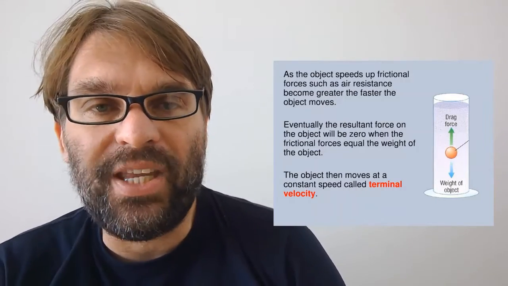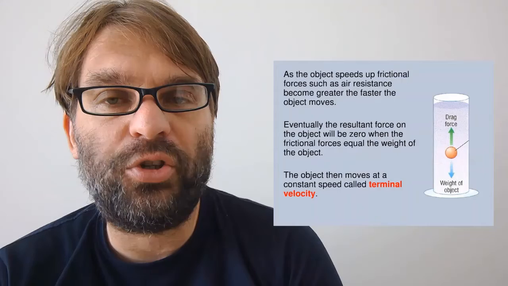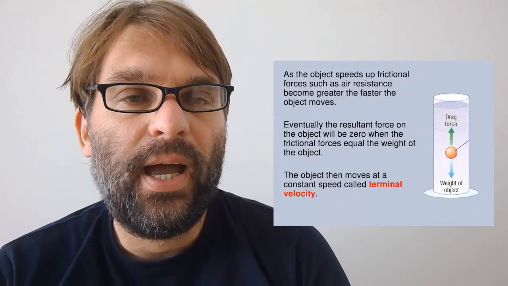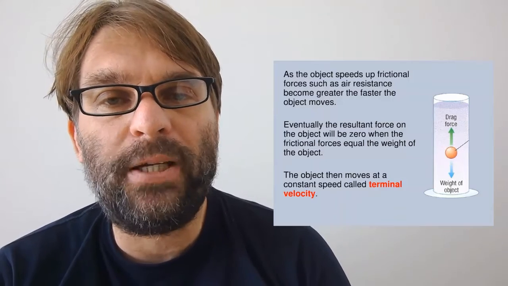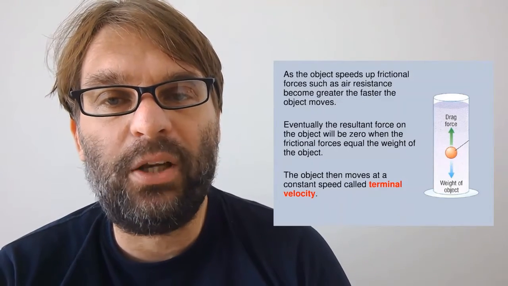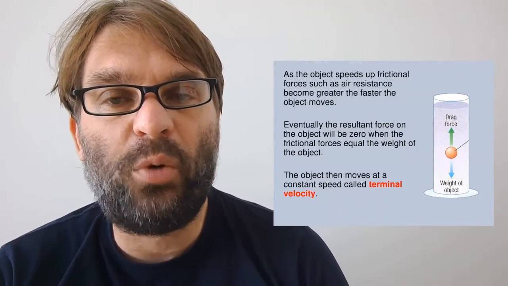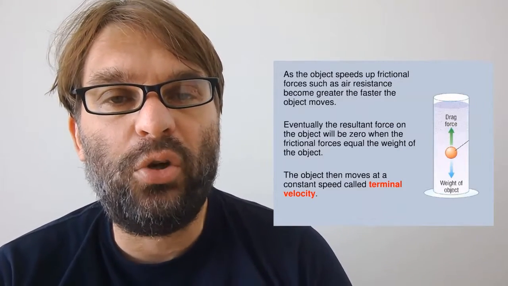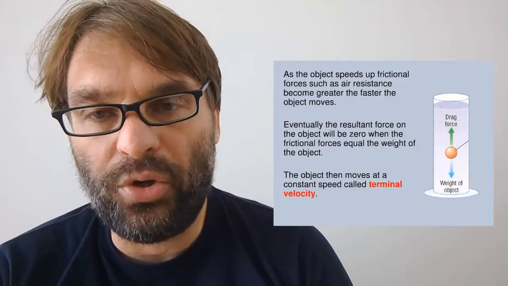And this is known as the terminal velocity. So terminal velocity occurs when the drag force, or the air resistance force, equals the weight of the object. Okay, so for 1 kilogram, for example, if the weight of the object is 10 newtons, when the drag force equals 10 newtons as well, then it's going to basically fall at constant speed.